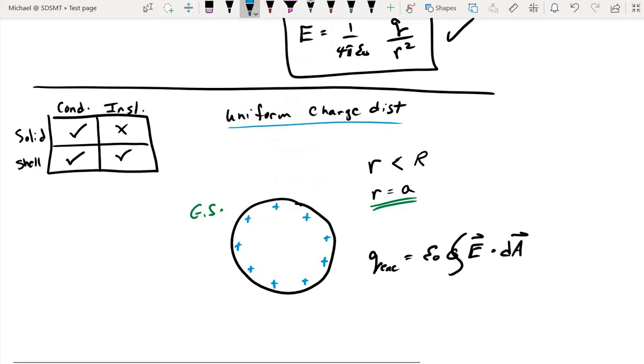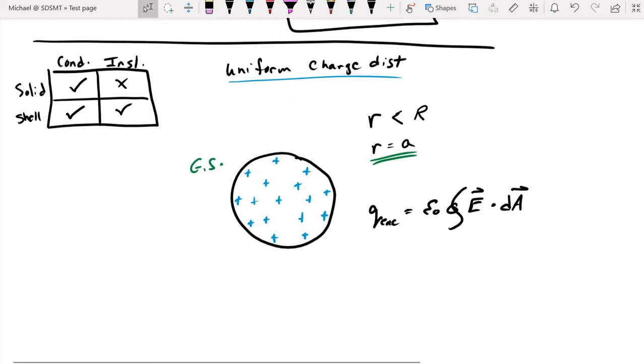The insulating solid, we are going to magically figure out a way to distribute charge all the way through the volume of our sphere. So we still have uniform charge distribution.